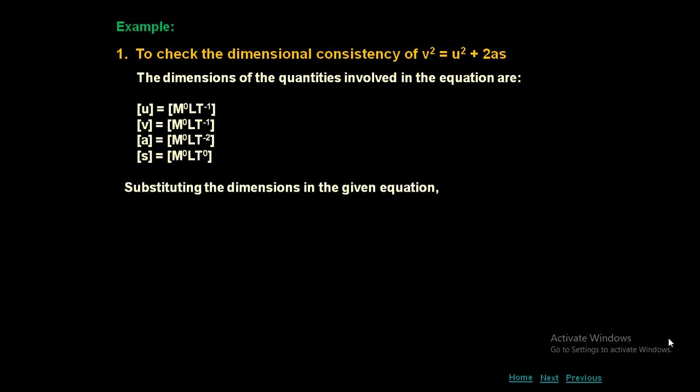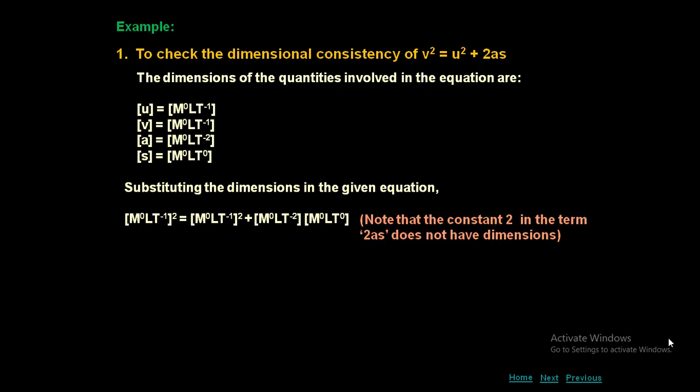Now substitute the dimensions in the given equation. Now you can see LT to the power minus 1 whole square is equal to LT to the power minus 1 whole square plus LT to the power minus 2 into L. Note that the constant 2 in the term 2as does not have dimensions. That means constants can't have dimensions, which we have already seen in the topic dimension.